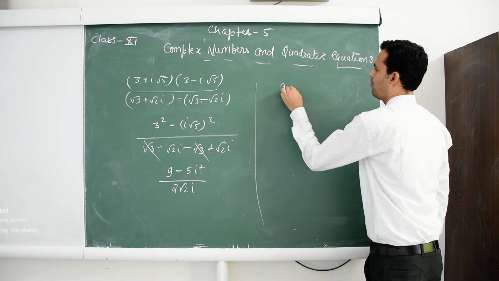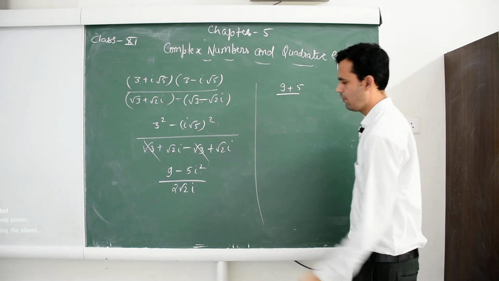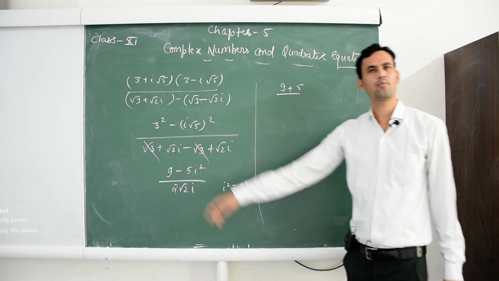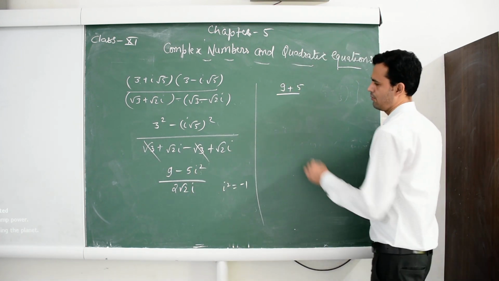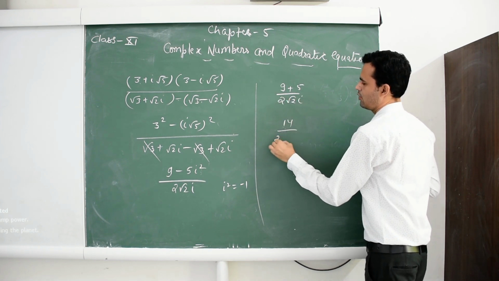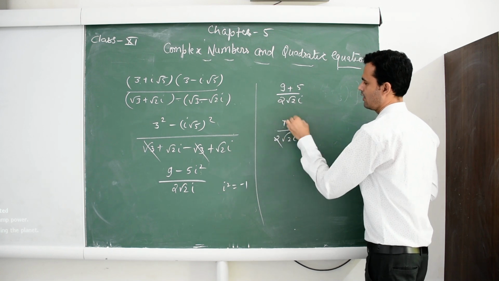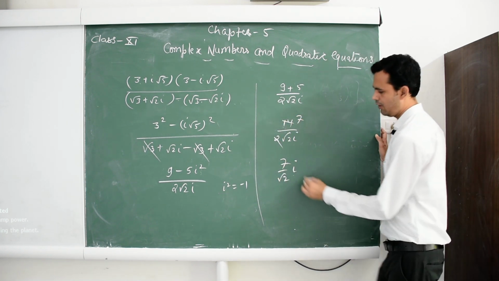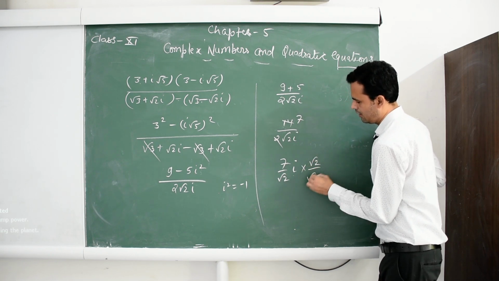So 9 plus 5. Why? Because value of i square is minus 1. So minus 1 into minus is plus. So 9 plus 5 upon 2 root 2i. So it's 14 upon 2 root 2i. 2 cancels. So 7 by root 2i. We rationalize it by root 2.